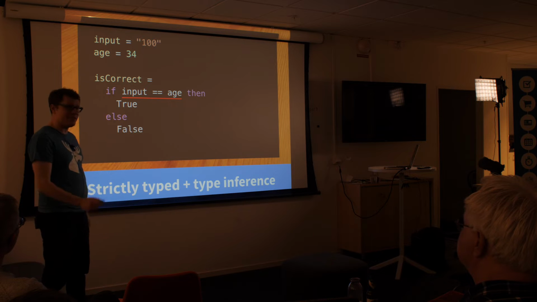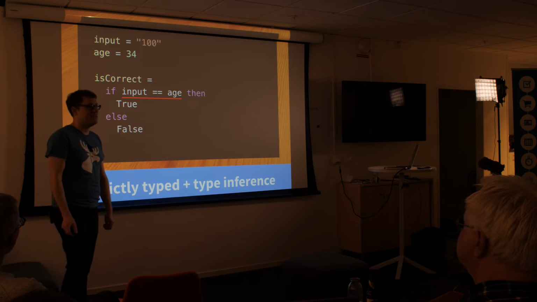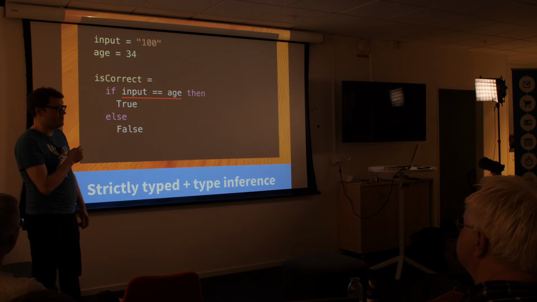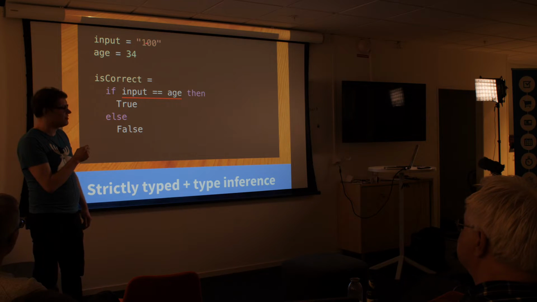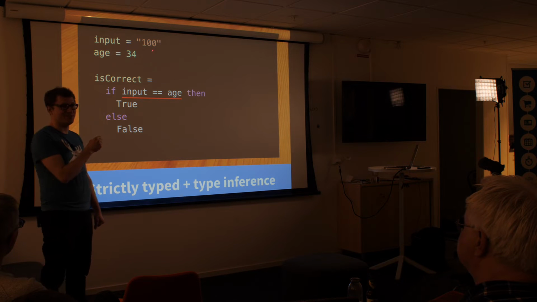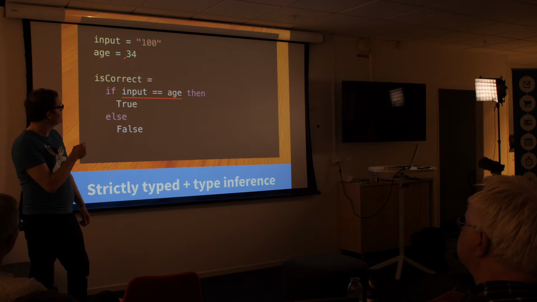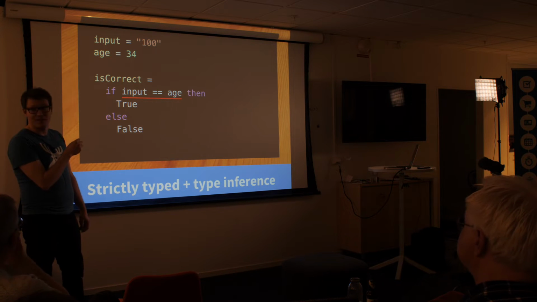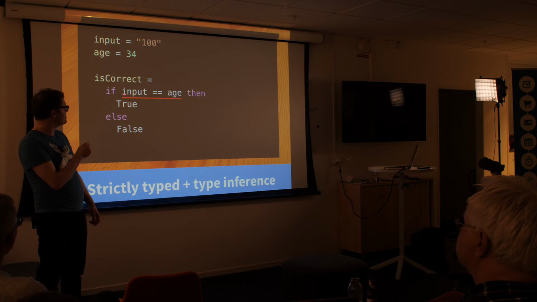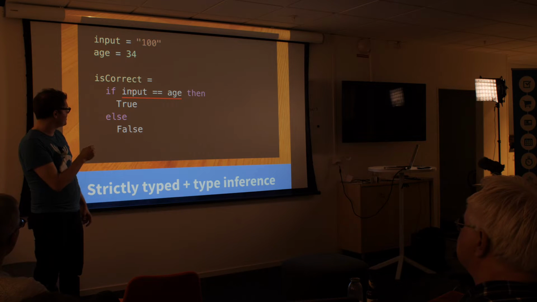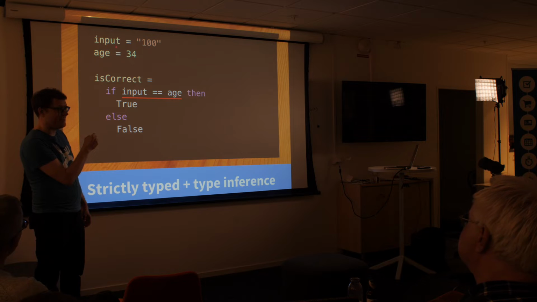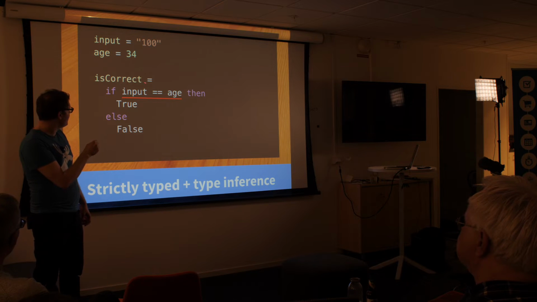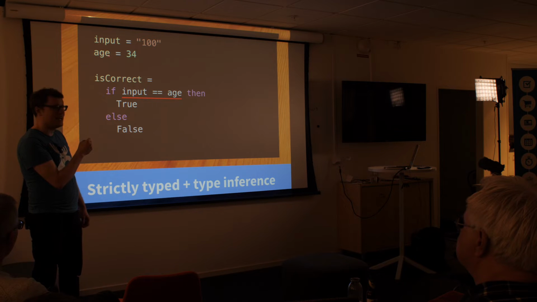Elm is also strictly typed and has type inference. What does that mean? Here we have input function, which will return the string 100, the value 100, but within a string. Age is an integer with a value 34. So when we define the function here, no arguments, we can access these 2 functions, input and age, because they are available here in the global scope. We will get an error because we're trying to compare a string with an integer.